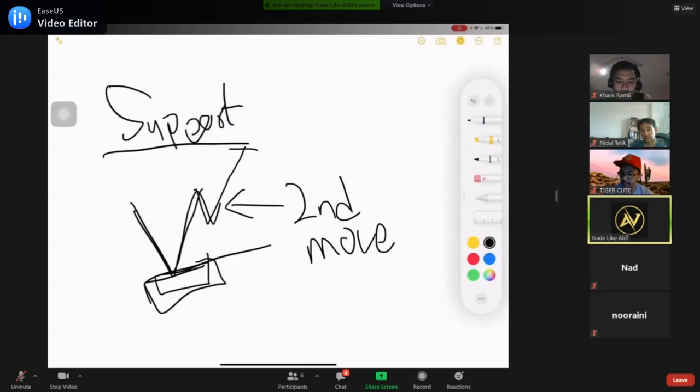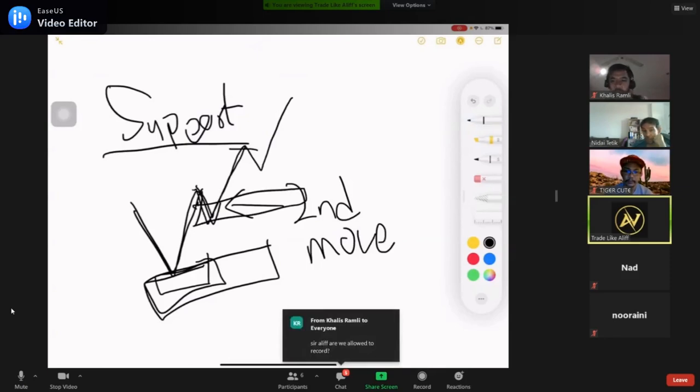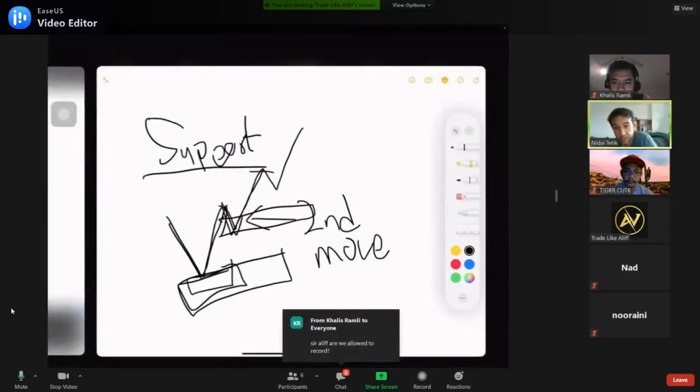So this is your valid support. If you want to call it a valid support, then it must have a second movement. Are you following, Nikita? Okay, you're following.